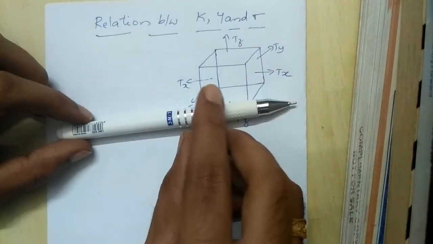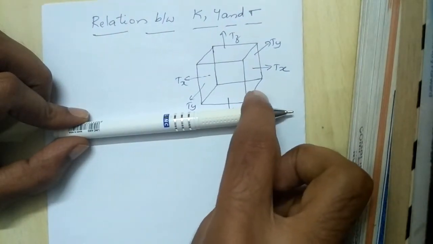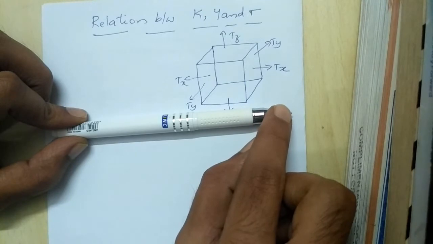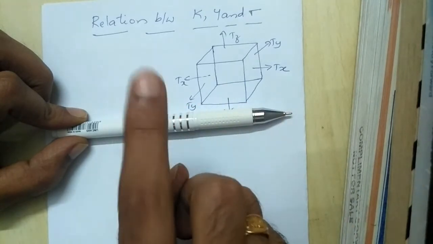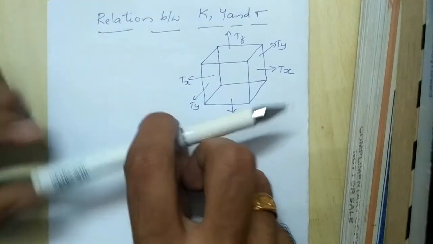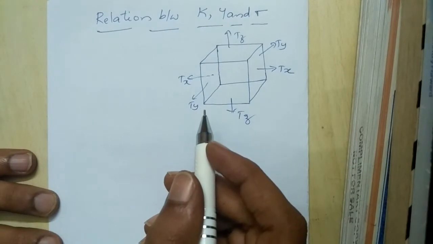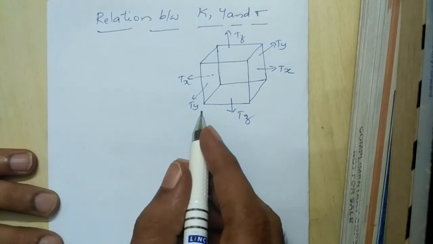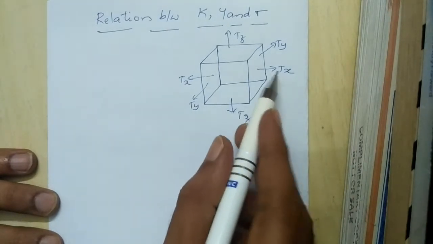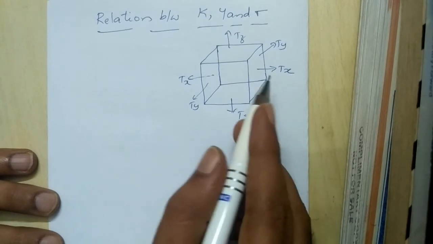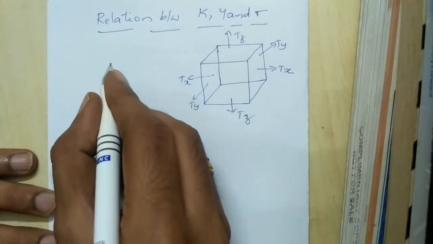So that is, if I stretch a material, there is an extension taking place along this direction. At the meantime, there is a contraction in the perpendicular direction. So that's what beta represents. So a stress Tx produces an extension along the x direction whose value is alpha into Tx.